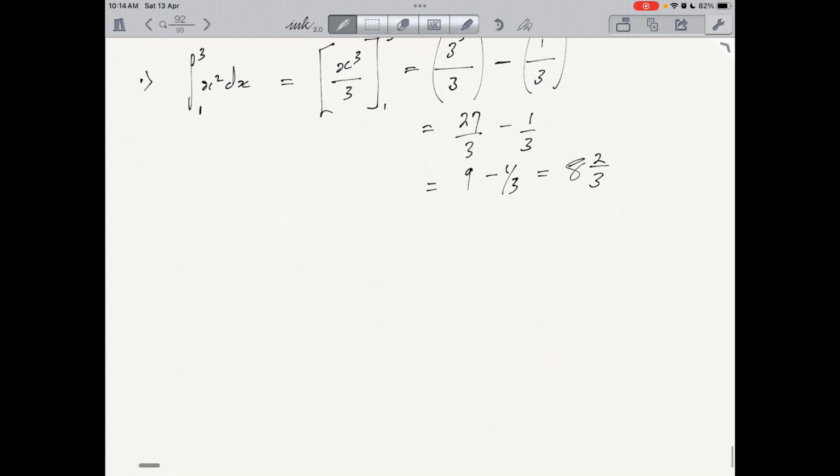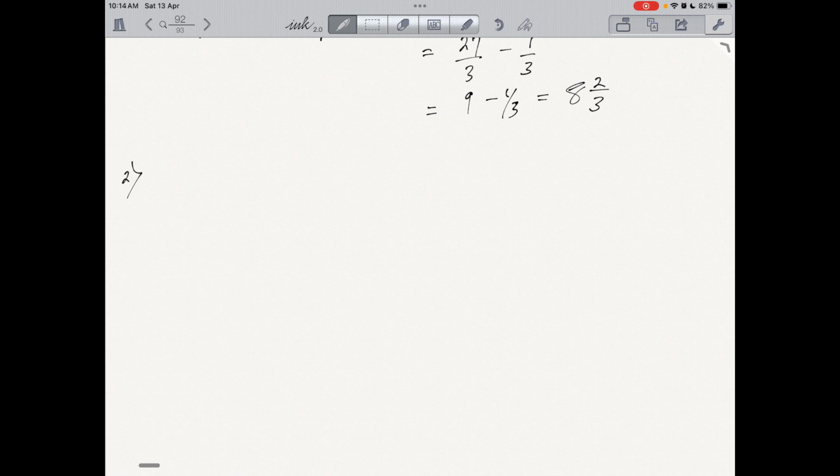Let's take another example. Let's integrate 3x with respect to x from limit of 1 to 2. Now the first thing to do is to integrate 3x. And integrating 3x, we have 3x squared over 2. And we apply our upper limit and lower limit, that is from 1 to 2. Therefore, we substitute our upper limit first.